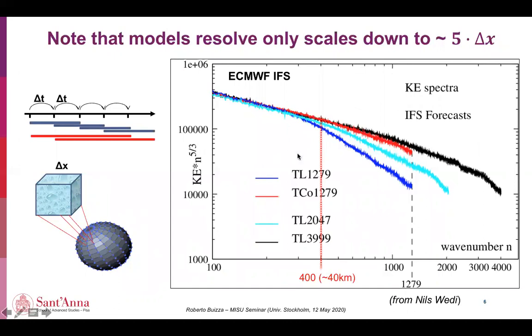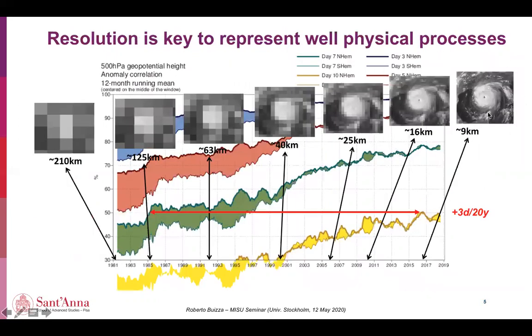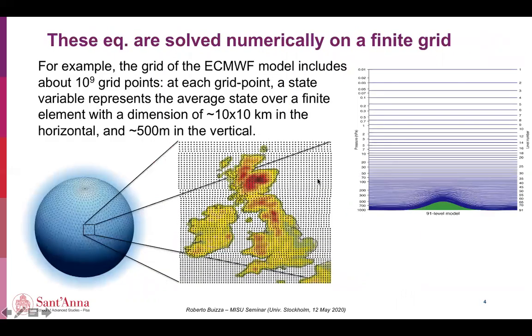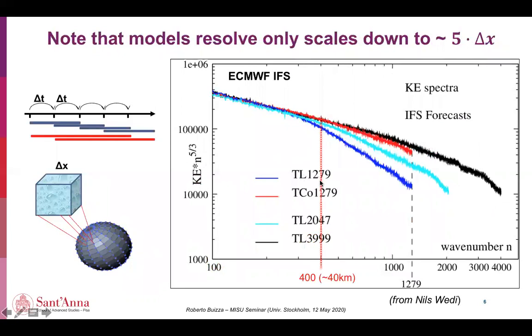Now, I want to make another point about resolution, which is that even if you're running now with a 9 kilometer resolution, so the spacing between these points is 9 kilometers, you're not actually resolving the scales in an accurate and realistic way up to that resolution.